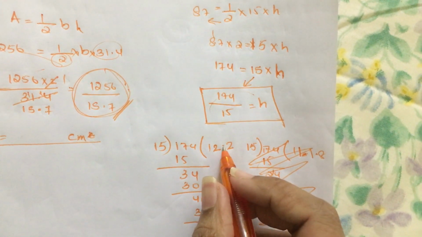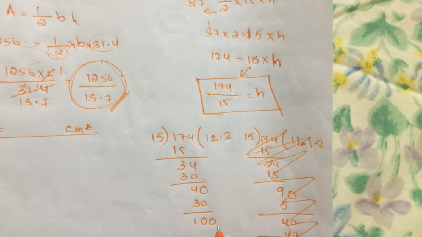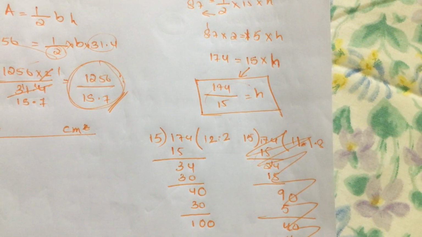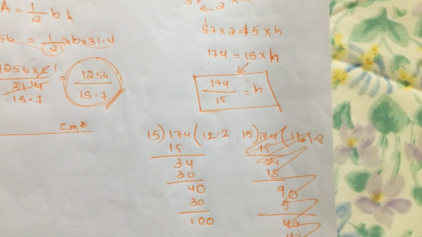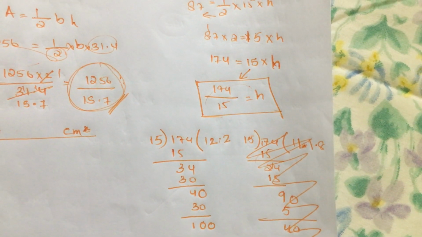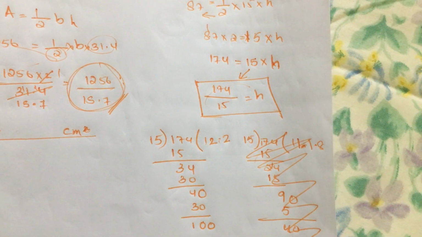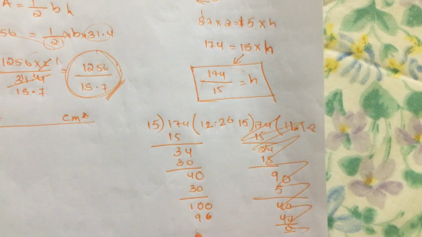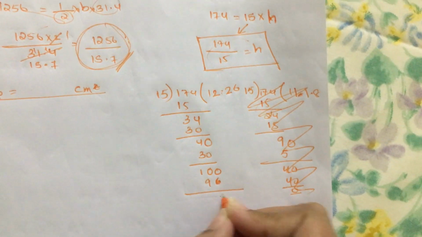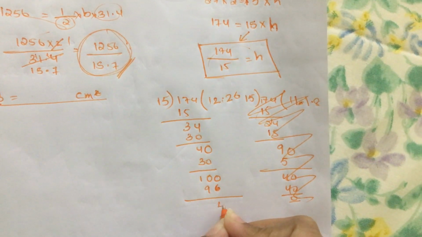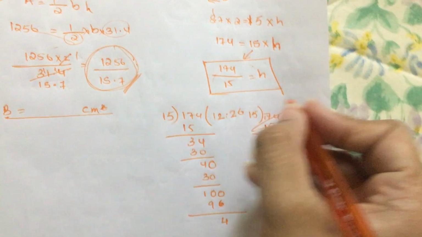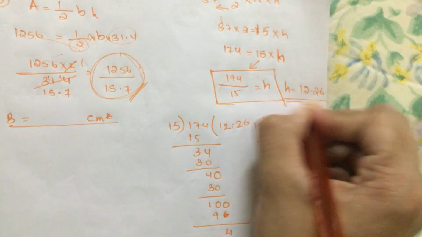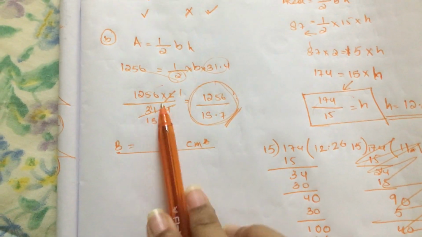Then I have a decimal, I'll put this 100 here. 15 sixes are 90. Okay, so it becomes again 4 will be left here, and it will continue. So the answer for the height is 12.26 centimeters. Likewise, you have to simplify this and get your answer.